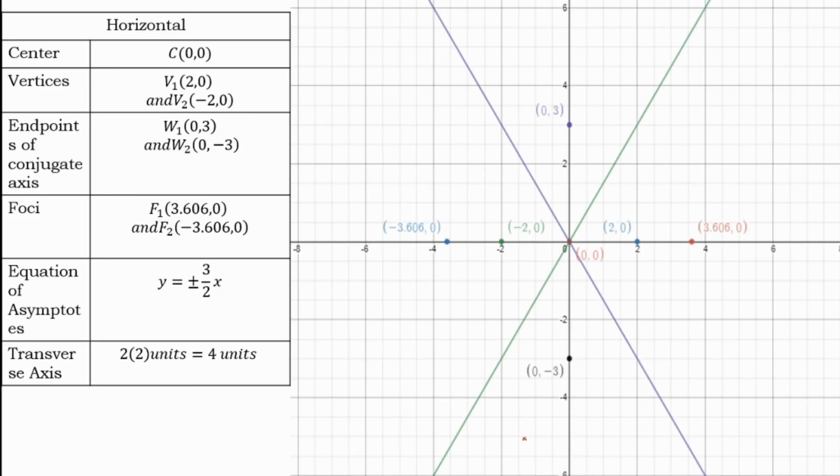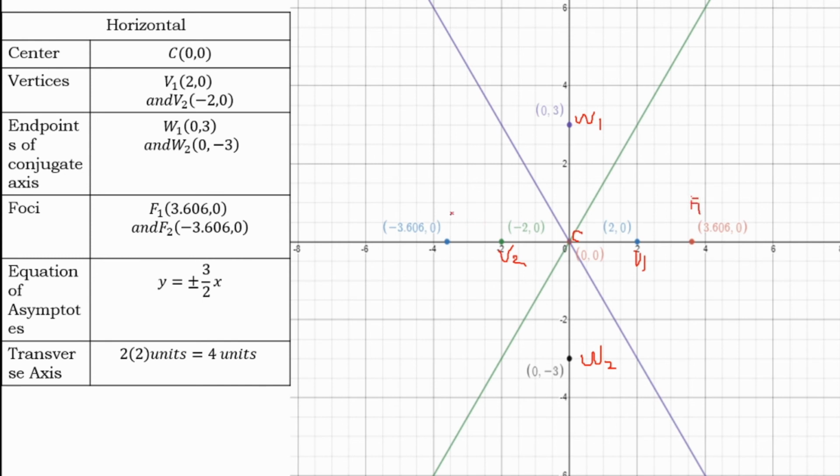Now we can identify the coordinate points. This is our center, and this is our vertices. This is V sub 1, this is V sub 2, and then endpoints of our conjugate axis. This is W sub 1, and we have W sub 2. This is also our F sub 1.